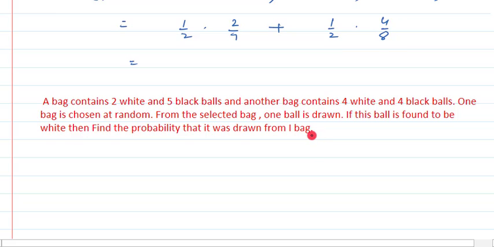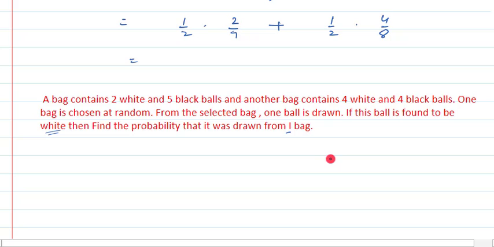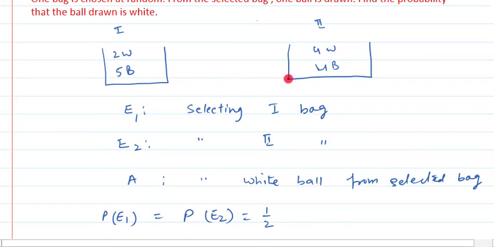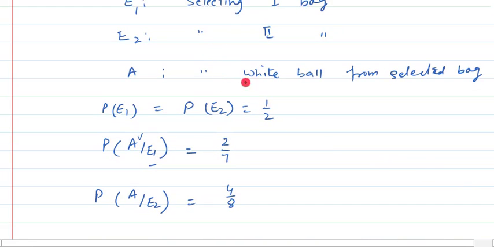It is given that the ball drawn is white. Now we need to calculate that this white ball is from bag 1. So when we need to use reverse probability, then we need to use Bayes theorem. We will attempt the question in the same way as we have done above. Meaning we need to show the 2 bags, then we'll define what is E1, what is E2 and what is A, P(E1), P(E2), and then P(A/E1), P(A/E2).